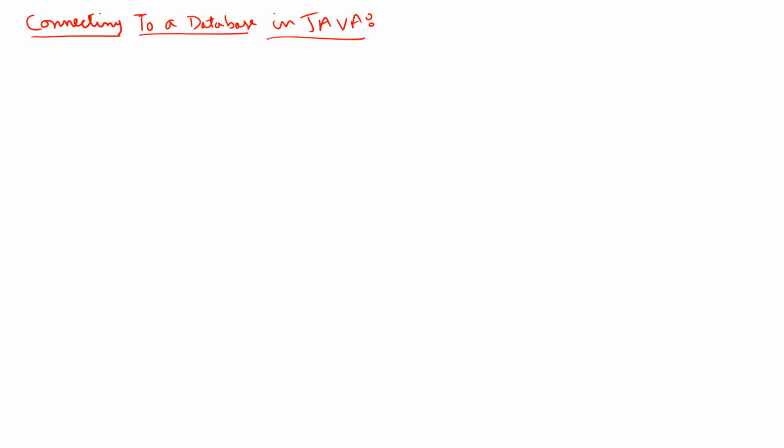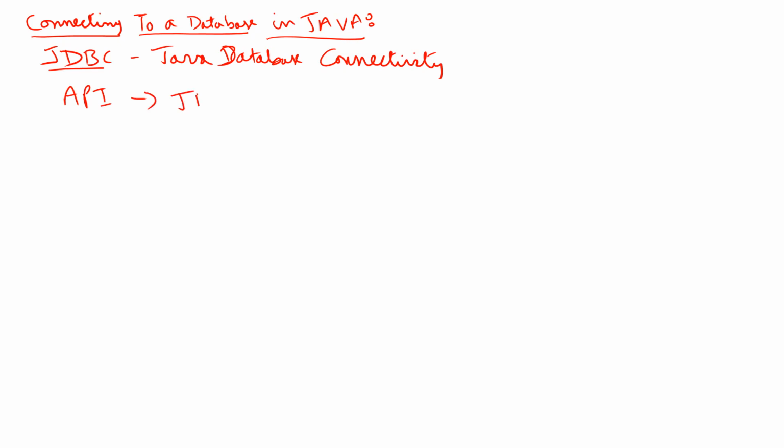So to connect to a database in Java, we use JDBC. JDBC is nothing but Java Database Connectivity, and this is an API which uses JDBC drivers to connect with the database.